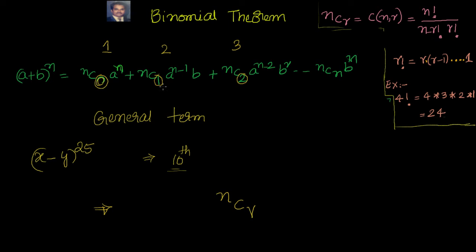Instead of 1 I will say r, suppose. Then this becomes a to the power of n minus r. You are okay with that? And next I will have b to the power of r. Can you tell me why I should have b to the power of r? If you remember, these should all add up to n. Okay, this is the generic term.